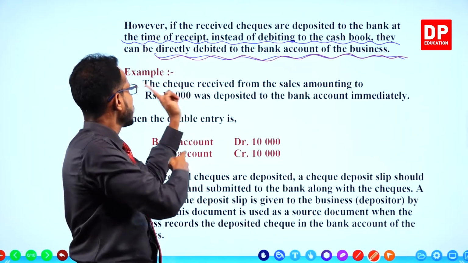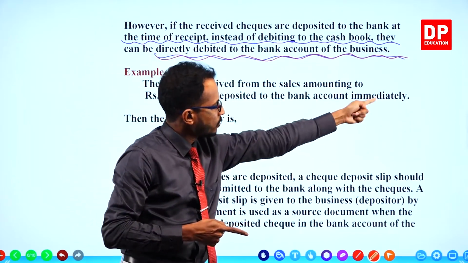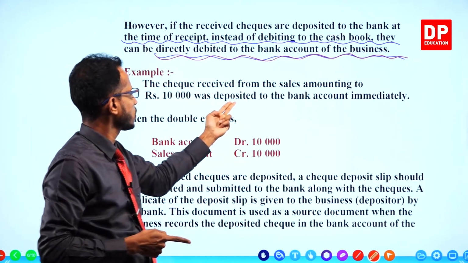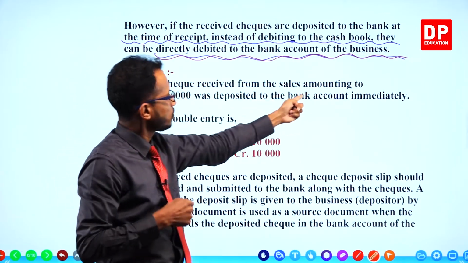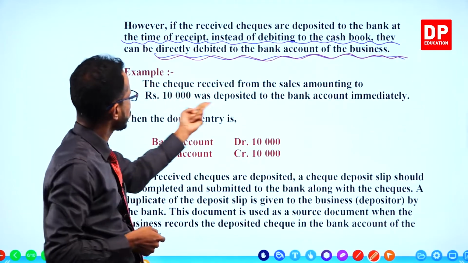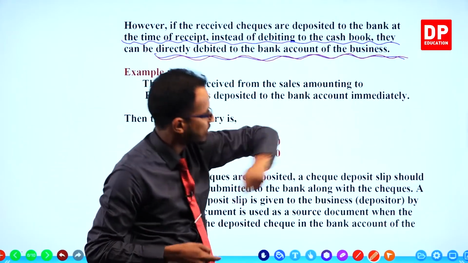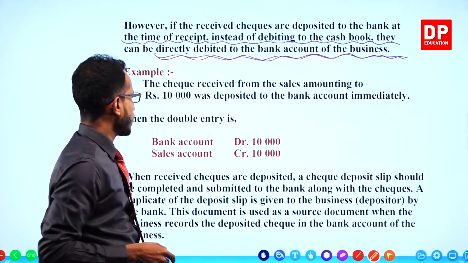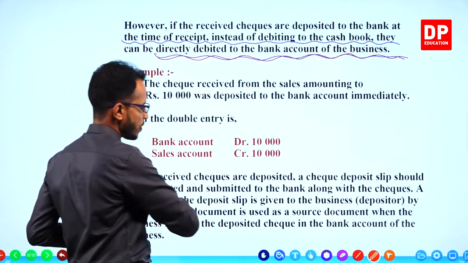A check received from a sale amounting to 10,000 was deposited to the bank account immediately. In that case, this is the double entry.